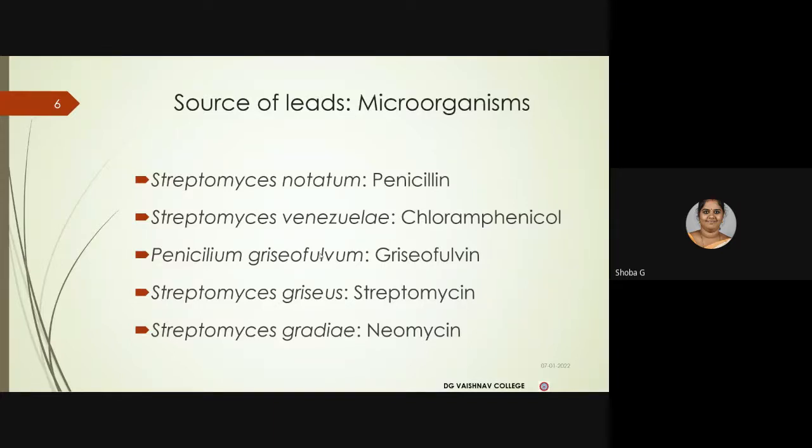Penicillin was isolated from Penicillium notatum, chloramphenicol from Streptomyces venezuelae, griseofulvin from Penicillium griseofulvum, streptomycin from Streptomyces griseus, and neomycin from Streptomyces fradiae. These are different drug or lead molecule examples.